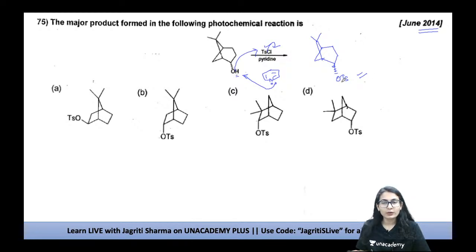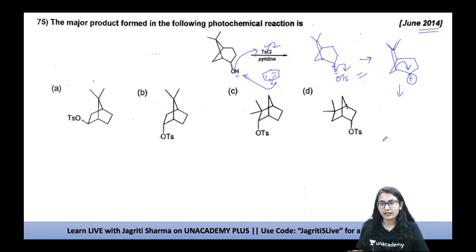Then secondly, what do you observe is the tosyl group is a good leaving group, isn't it? And if it leaves, you are going to get a carbocation. So either you can consider the mechanism like this, that okay, a carbocation is formed and one of the bridging carbons is migrating.